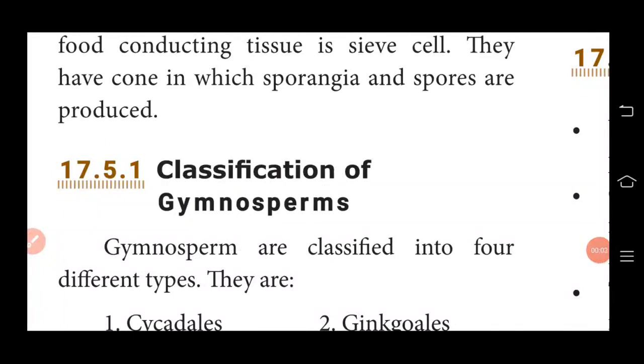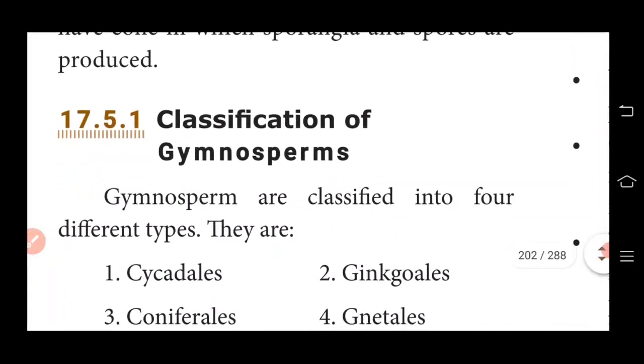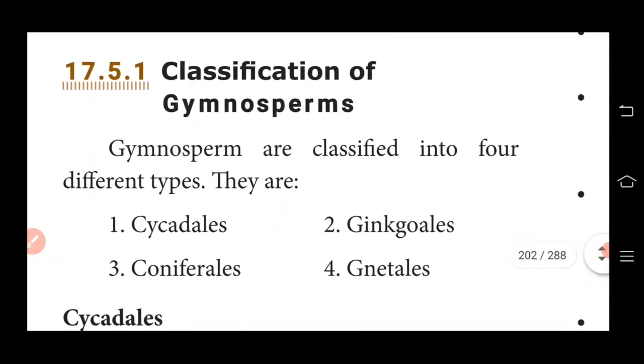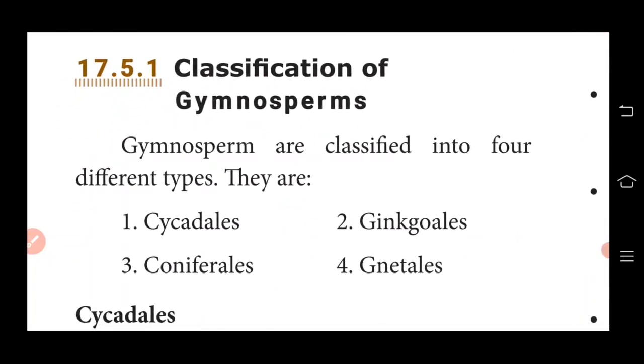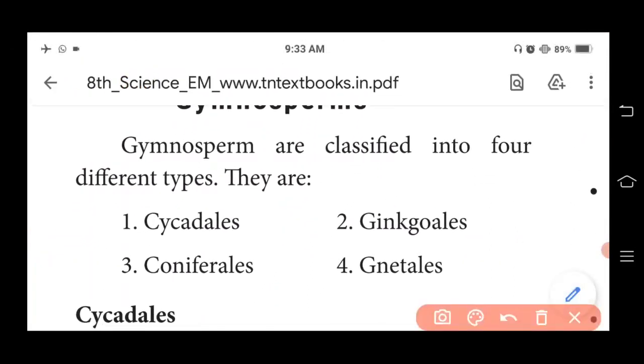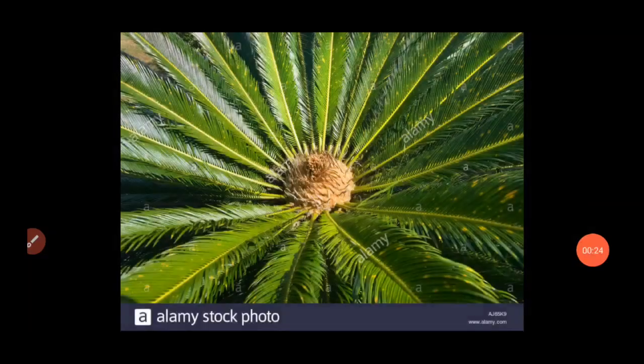Classification of gymnosperms. Gymnosperms are classified into four different types. They are Cycadales, Ginkgoales, Coniferales, and Gnetales. Let me explain one by one. The first one is Cycadales.